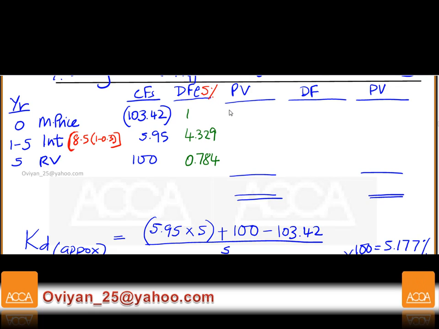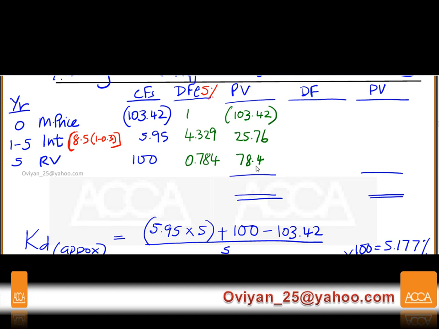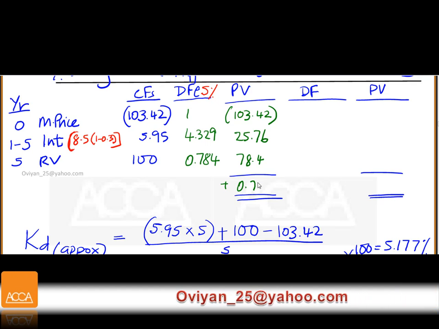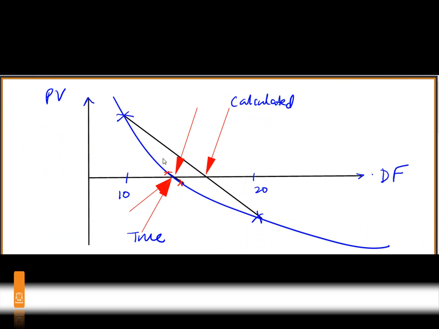You multiply with this figure, you're going to get 103.42, and this is going to give you 25.76, and this is going to give you 78.4. Putting it across, you're going to get a positive net PV of 0.74. So if this is positive, you've got 5%.